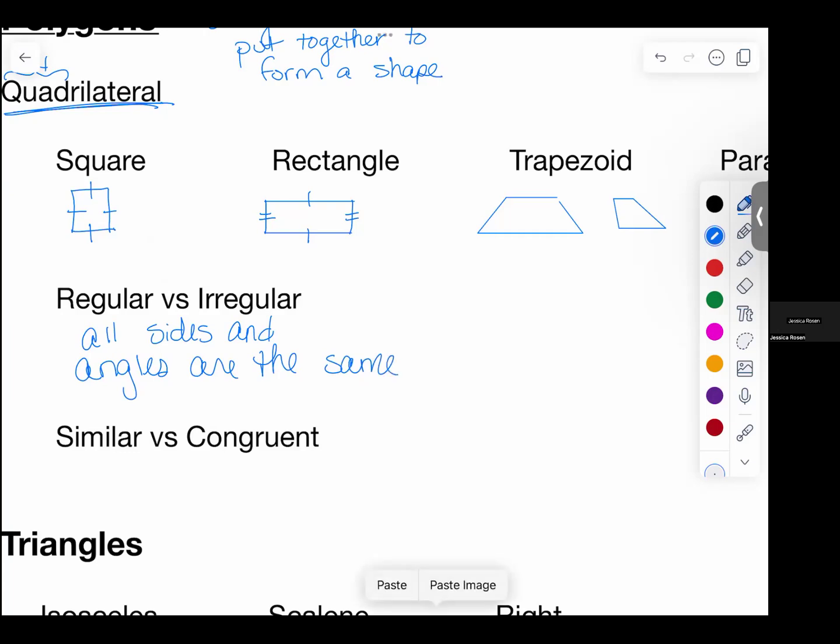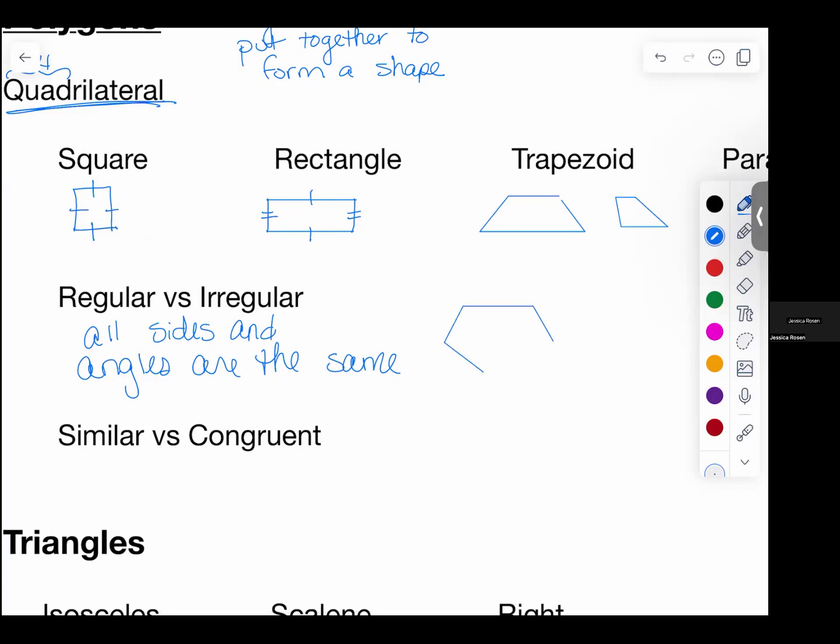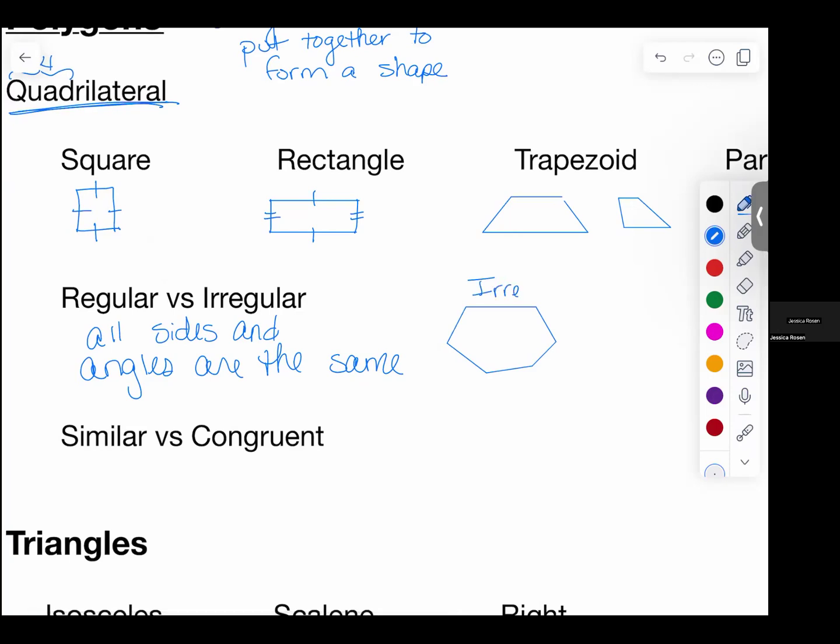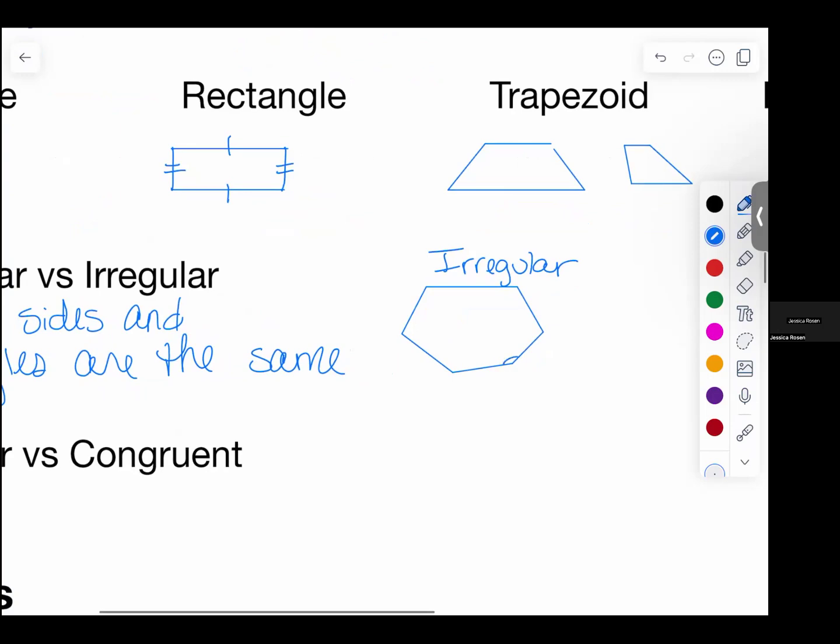If we drew a hexagon, and if it's a regular hexagon, which mine's probably not going to end up being because I can't draw it exact, that would be an irregular hexagon because this angle is not the same as this angle, right?